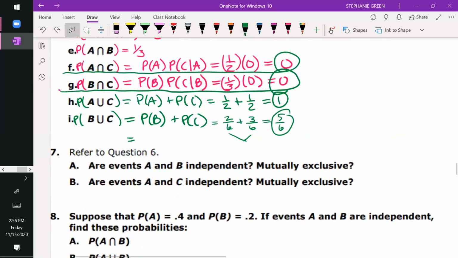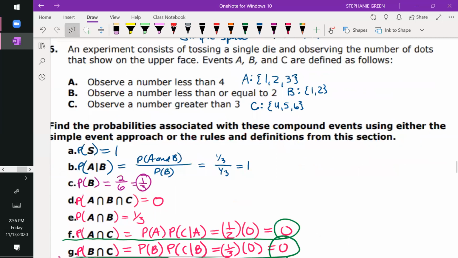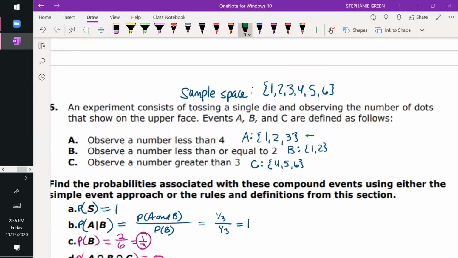No and no. Next one, are events A and C independent, mutually exclusive? Let's see, are they independent? If I know that I've rolled something from A, does it affect whether or not I rolled something from C? So we look at the conditional probability and compare it to the regular probability. Is the probability of C given A equal to the probability of just C?